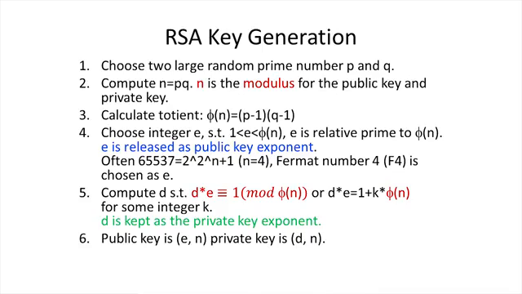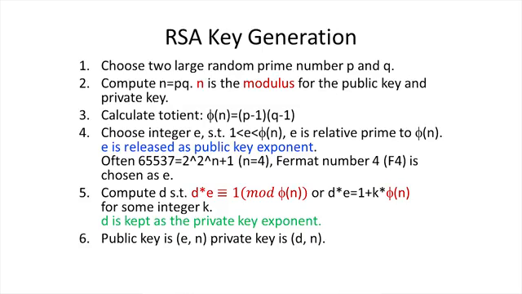RSA key generation is a 5-step process. First, we choose two large random prime numbers, p and q. They are different. Second, compute n equal to p times q, called the modulus for the public key and the private key. Third, we calculate the totient phi of n, which is equal to p minus 1 times q minus 1.